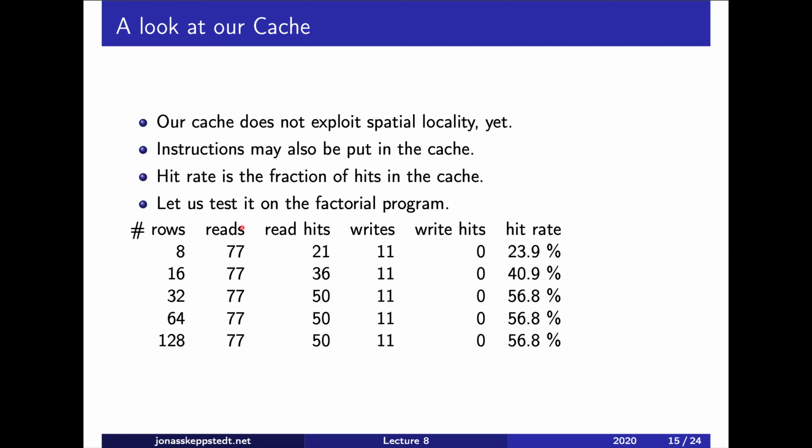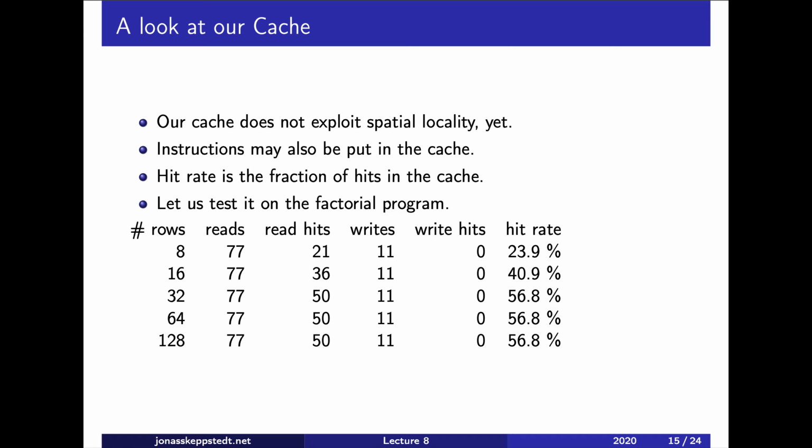Okay, so let's see what happens if we increase the size of the cache. Initially, with only 8 rows in the cache, we have 21 read hits and 0 write hits. If we make the cache much bigger, then the write hits still are 0.